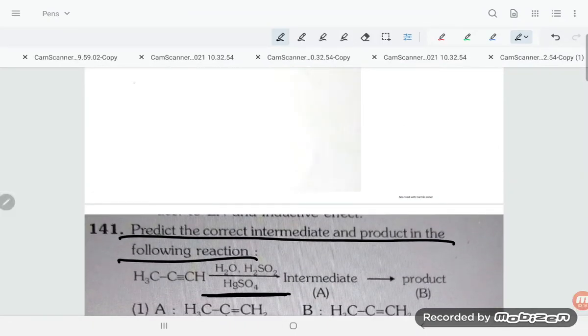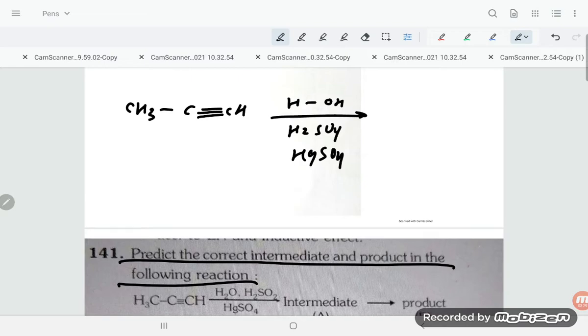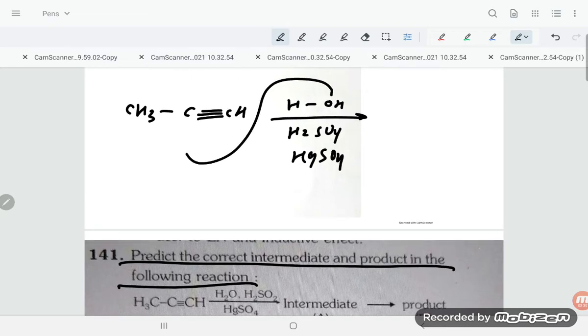This is the question: CH3 C triple bond CH, and you are adding HOH, with H2SO4 and HgSO4 also there. So what will happen here? The OH group is going to add, and the H is going to add here. So it will be CH3, C with OH, double bond CH2.